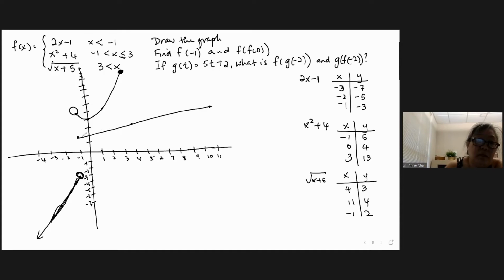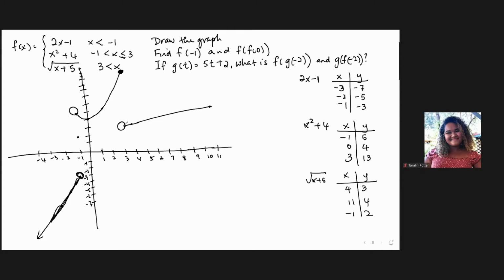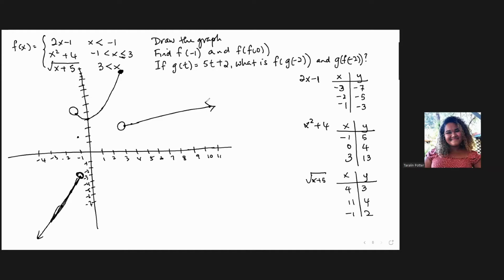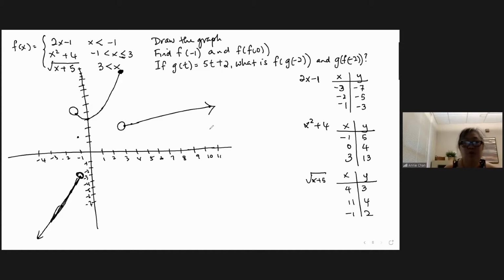Do I want the section on the left? No, I only want where x is greater than 3. So do I put an open balloon or a filled-in balloon? Open balloon on the 3, because it doesn't include 3. What about on this end? It's an arrow. That's how you draw your piecewise.